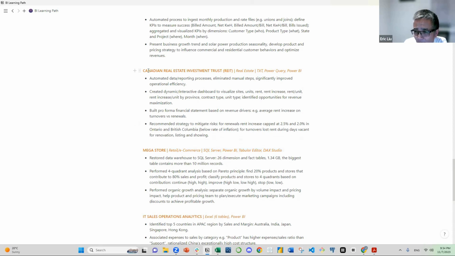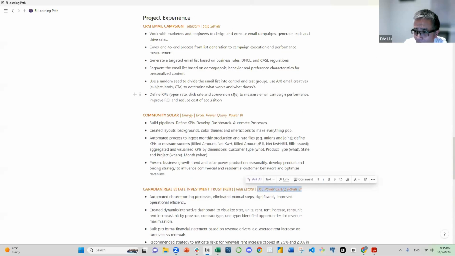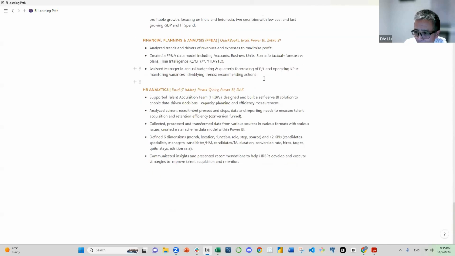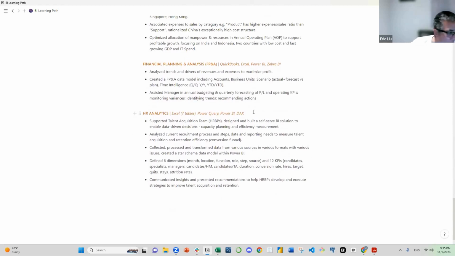What about this? Canadian Real Estate Investment Trust. So this is a REIT. It's the real estate industry, and then these are the tools. Okay, so I think you get my point. It's a CRM, email campaign, telecom industry, SQL Server. All right, so you can see sometimes you use more than one tool.